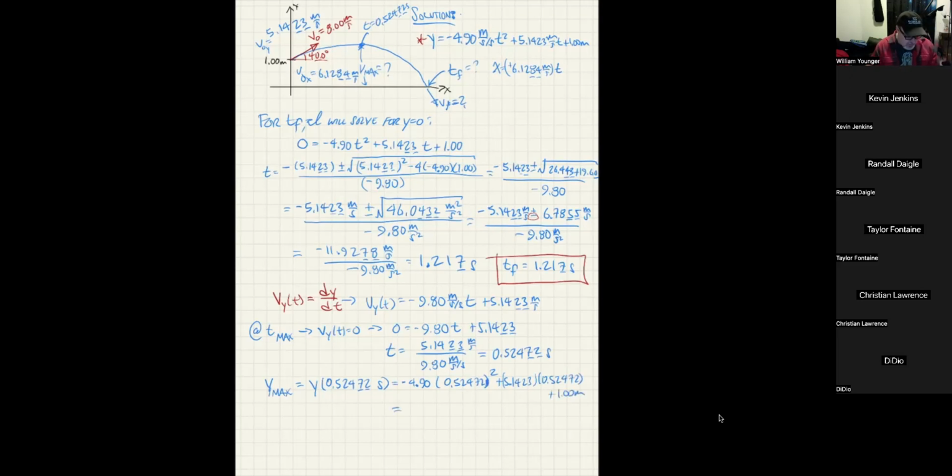When I do that, negative 4.9 times 0.52472, now I'm going to square that. And that's going to be added to 5.1423 times 0.52472.